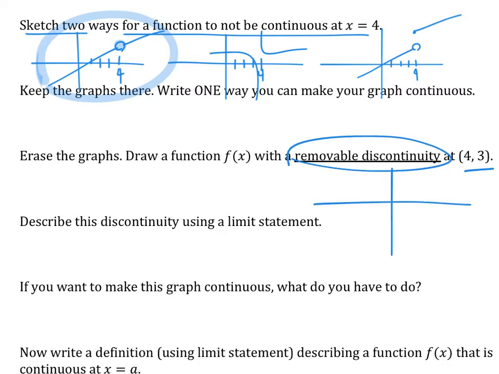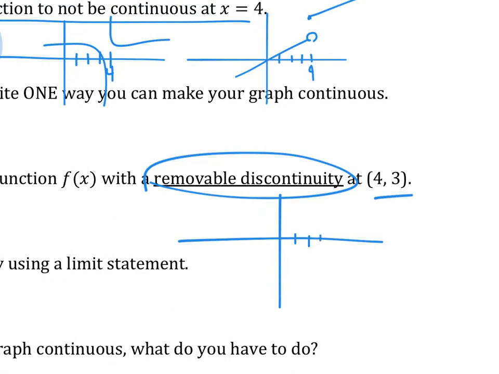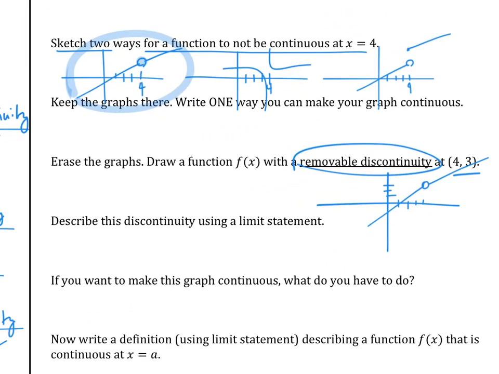So removable discontinuity at (4, 3) means something like this. Removable discontinuity, not a jump, not an infinite discontinuity, removable. Describe the discontinuity with a limit statement. Let's try this.